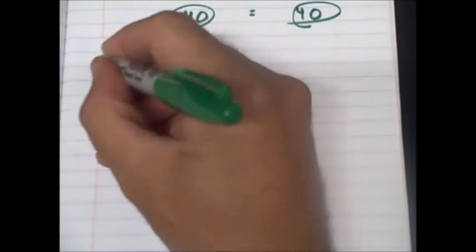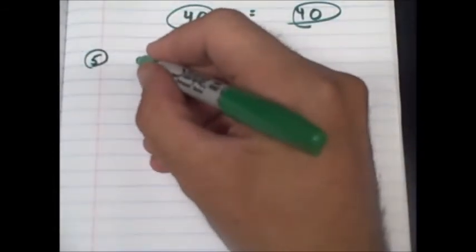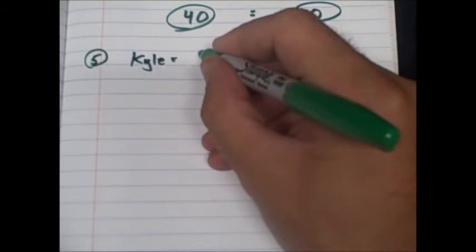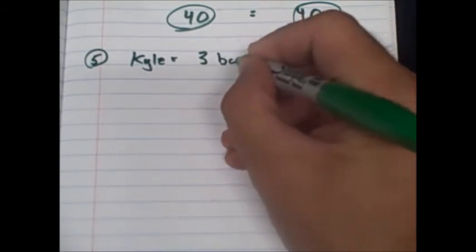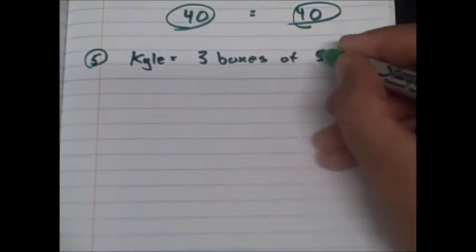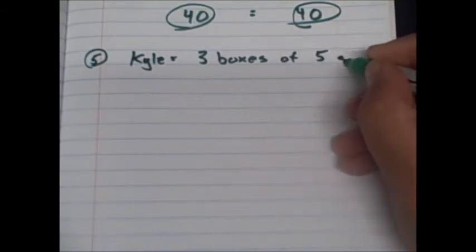Now for number 5, we're going to get a little creative. We're going to say that Kyle has 3 boxes, and each box has 5 shirts.